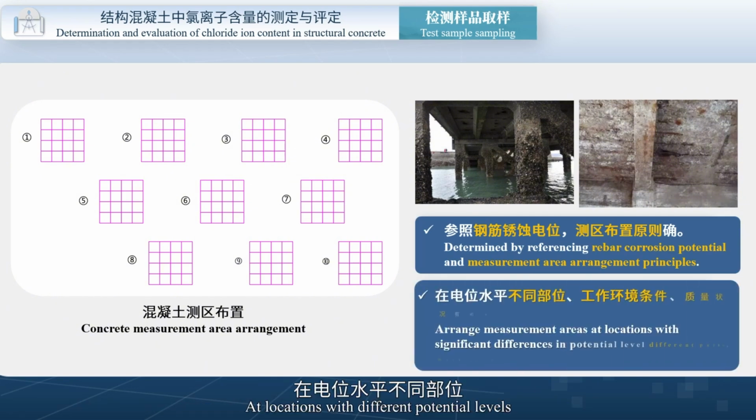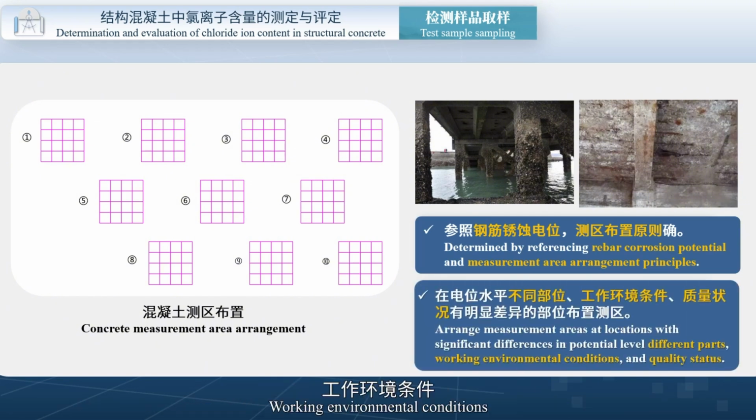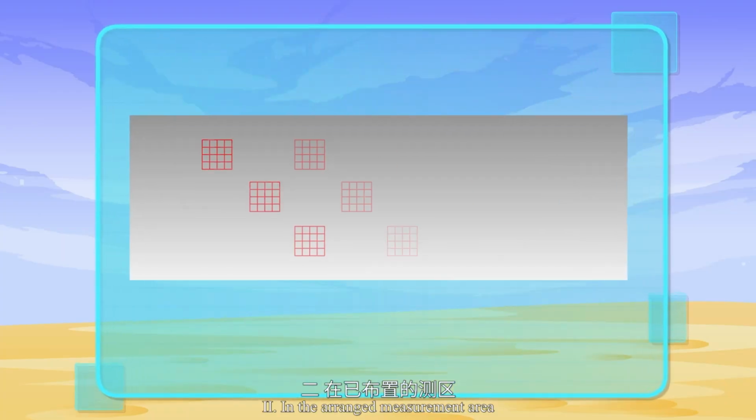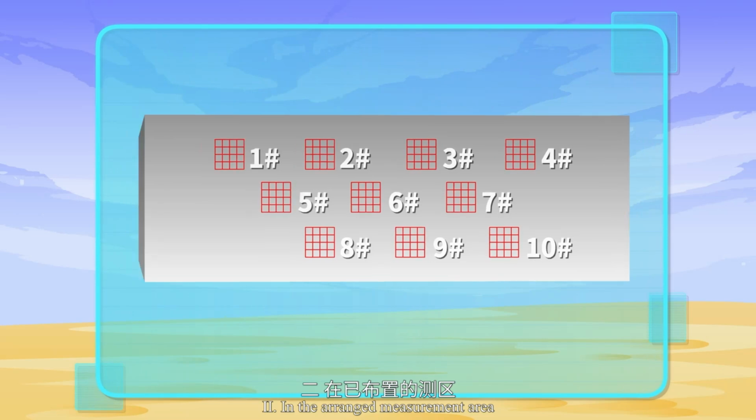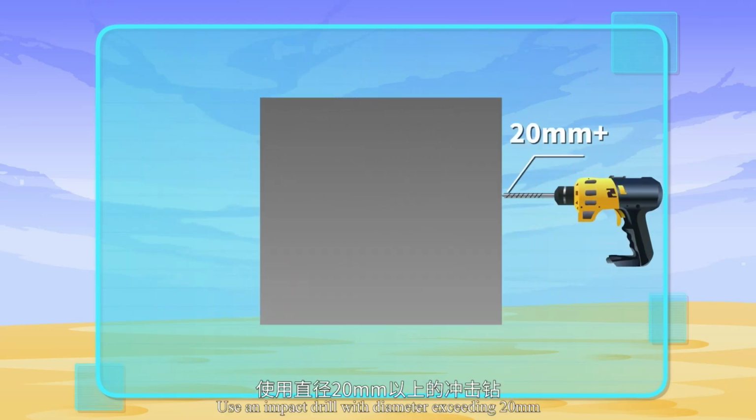At locations with different potential levels, working environmental conditions, or significant differences in quality condition, arrange measurement areas. 2. In the arranged measurement area, use an impact drill with diameter exceeding 20 mm.